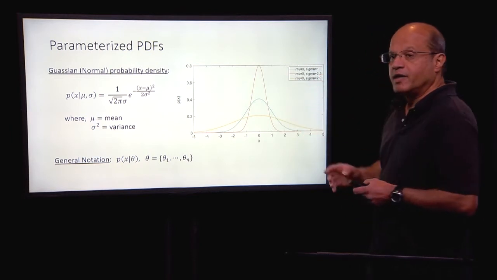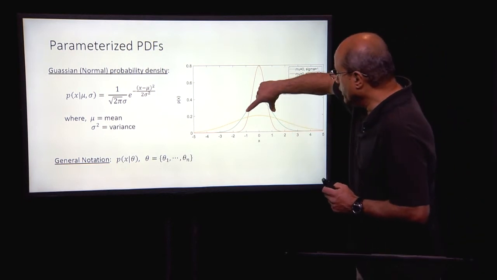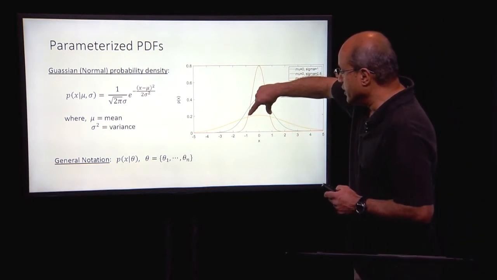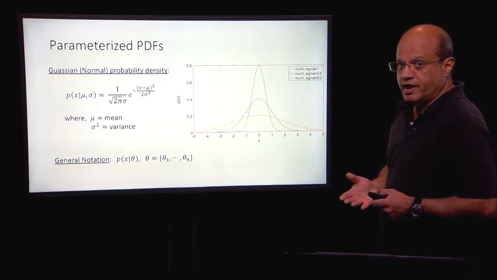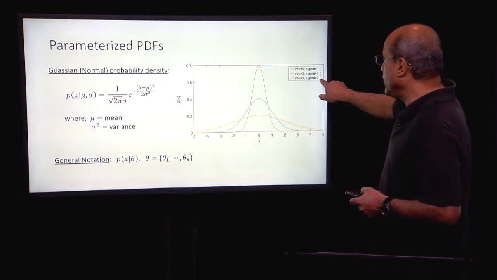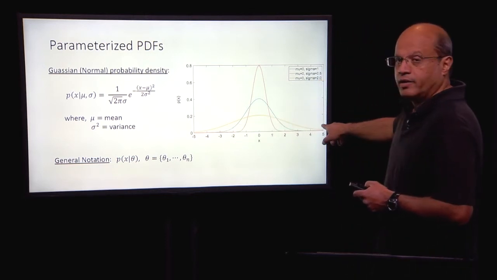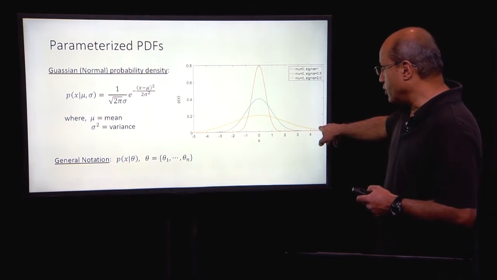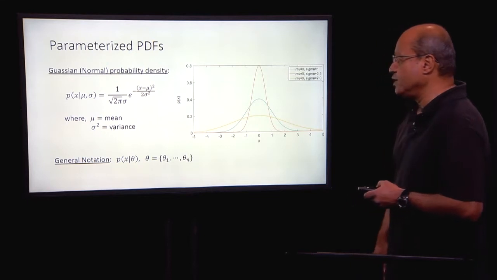If I decrease my sigma, so the random variable now has a lower variance, the width of that probability density function decreases, but because the area under the curve has to stay equal to 1, its height increases. And then, of course, when I increase my sigma, when I increase my variance, I get a broader probability density function, and its height is lower than what I have for sigma equal to 1.